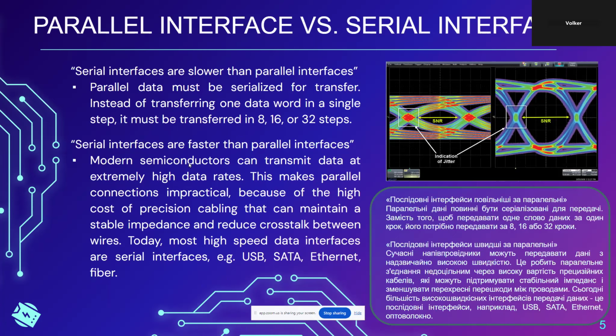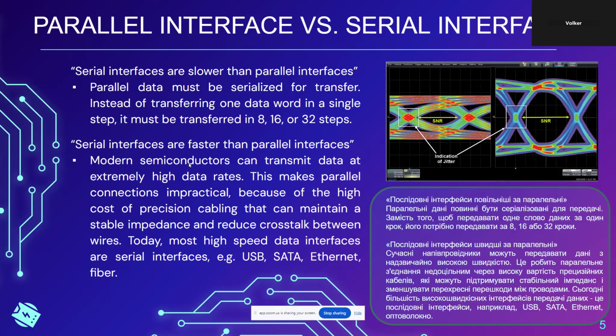It is sometimes done for offboard communication, but those cables are not in the range of dollars. They're in the range of hundreds of dollars. Just because it is so difficult to manufacture a cable with the amount of precision that it can transfer parallel data for more than a few meters at the speeds that we're talking about, which is gigabits.